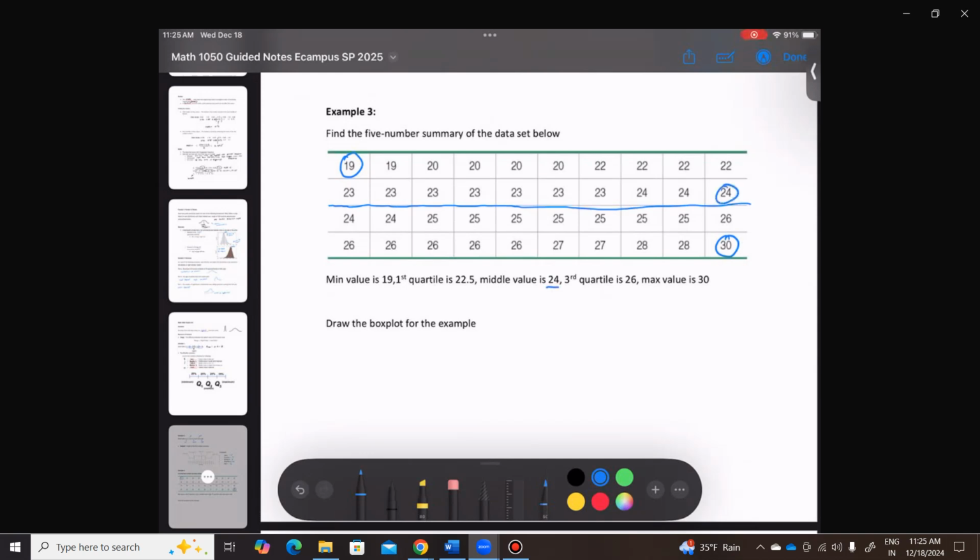For the first quartile, we divide the bottom half in half. We average the 22 and 23, and you get 22.5. And then for the third quartile, you average the 26 and 26. So you get a 26.